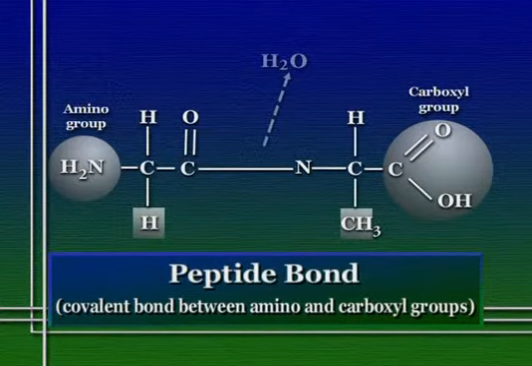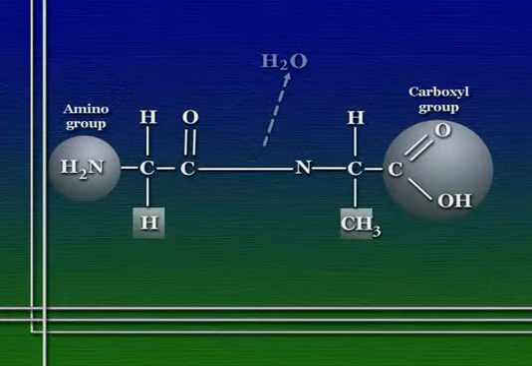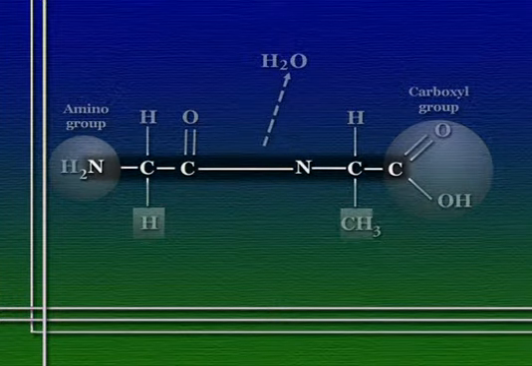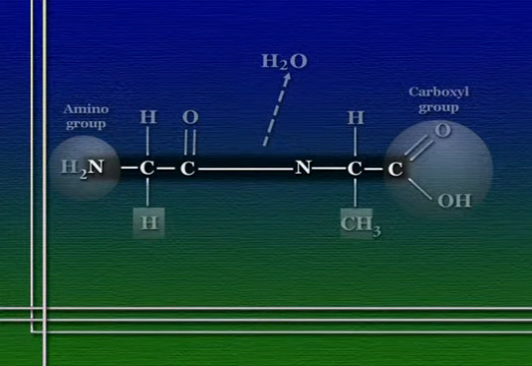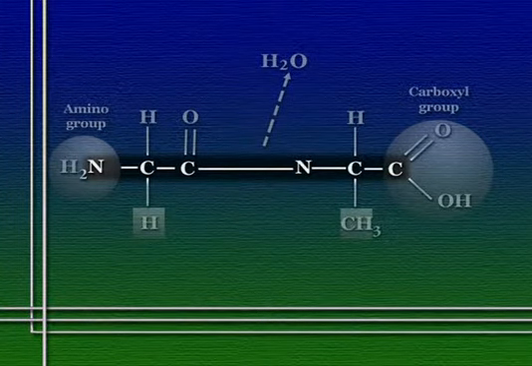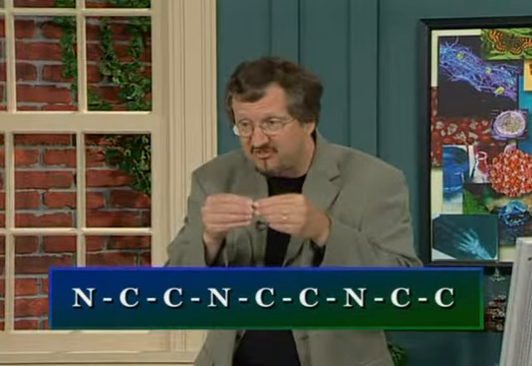Now, the other important point to understand from this is that the resulting pattern in a chain of amino acids has what I'll call a backbone of repeated nitrogens and carbons. In other words, if you read along a chain of amino acids, element to element, you would see a nitrogen, a carbon, a nitrogen, a carbon, a nitrogen, a carbon. So you'd have nitrogen, carbon, carbon repeating. And that repeating backbone is essentially the string that has been put together as we've polymerized a series of amino acids.